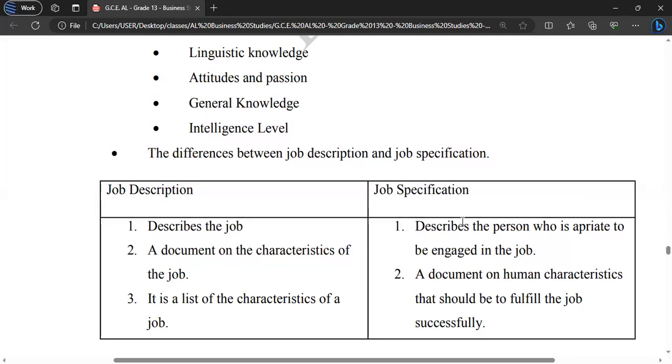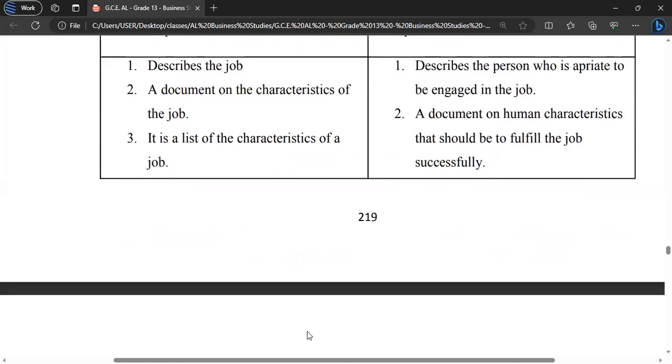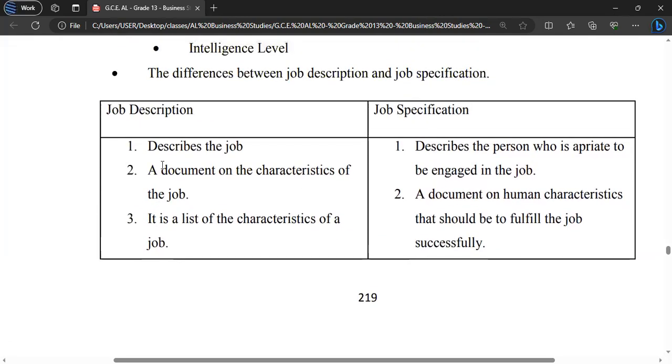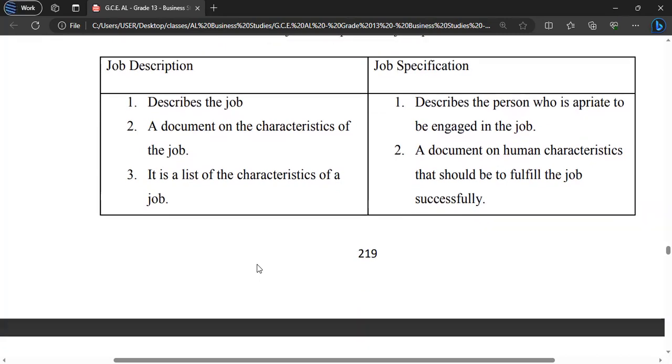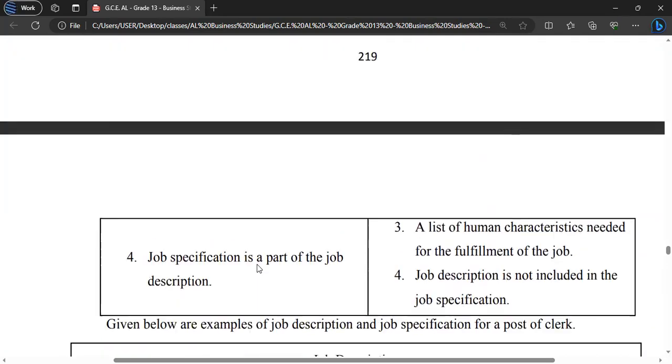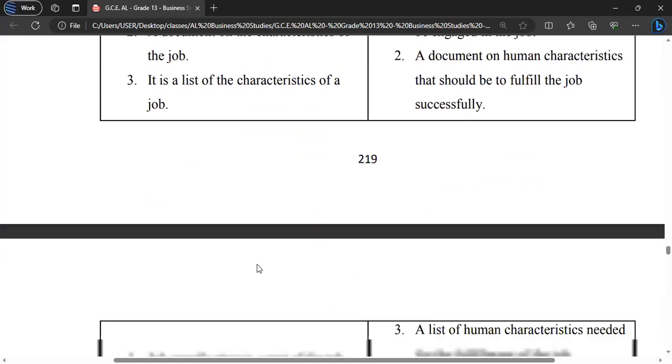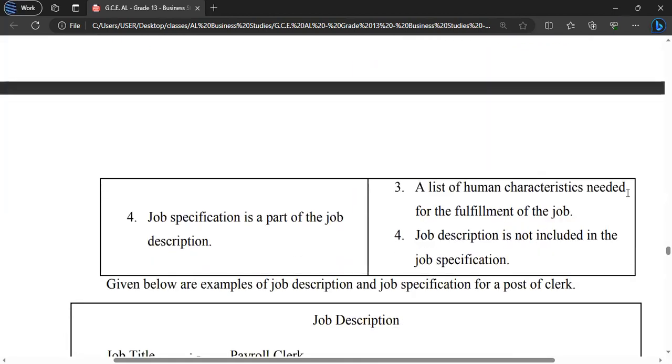But the job specification is a document on human characteristics needed to fulfill the job successfully, right? Job description is a list of the characteristics of a job. Job specification is a list of human characteristics needed for the fulfillment of the job.